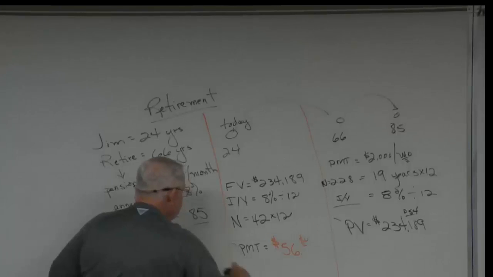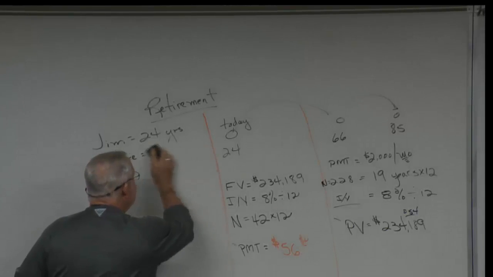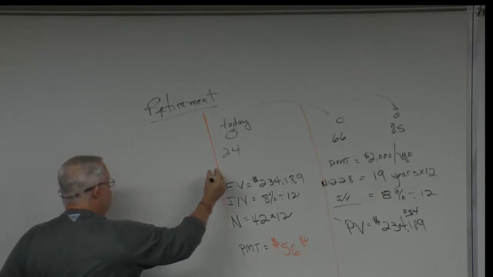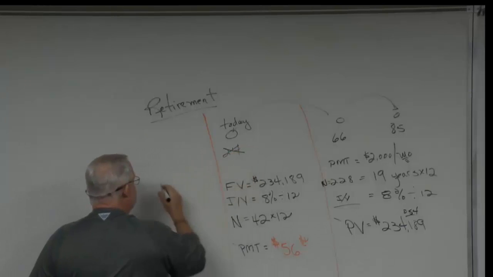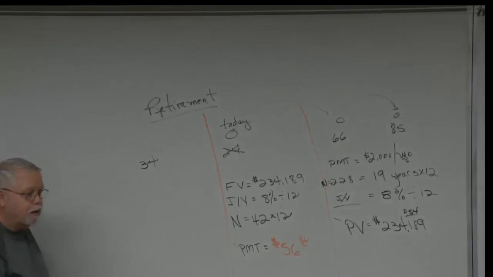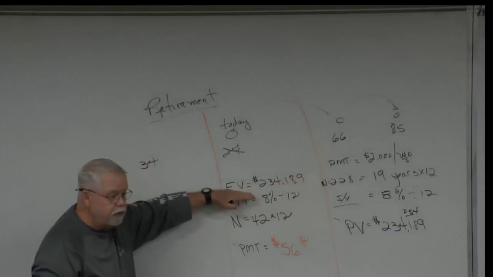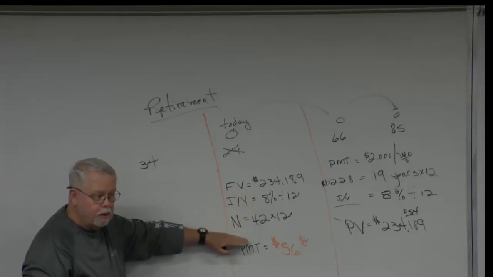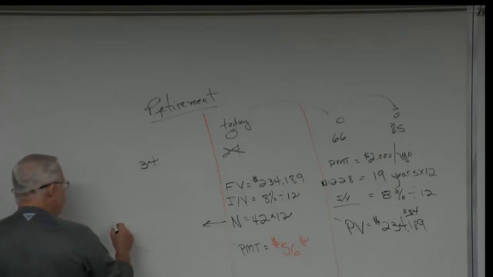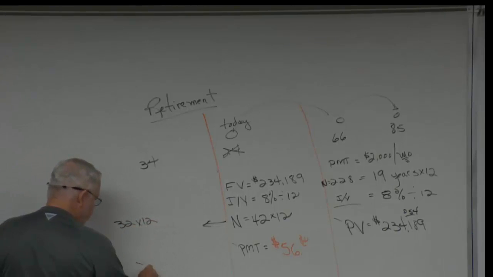Now, just for grins, let's look at this and see how it changes if we made one difference. What if instead of today being 24, Jim is 34? He still needs that same amount of money. So all of this is the same except what? The N is not 42, it's 32. We change the N to 32 years times 12, and then we recalculate the payment.